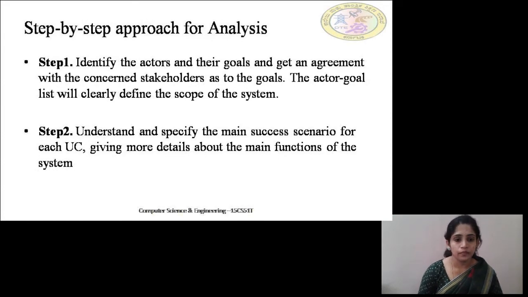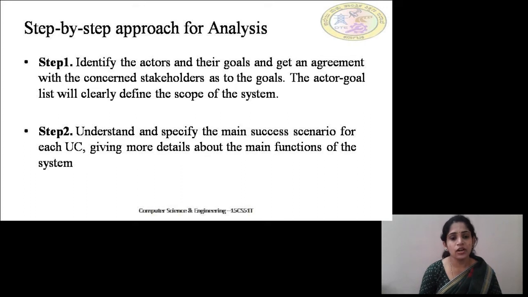Now, a step-by-step approach for analysis. We'll see the steps that have been used for the analysis of a use case. First step: identify the actors and their goals and get an agreement with the concerned stakeholders as to the goals.